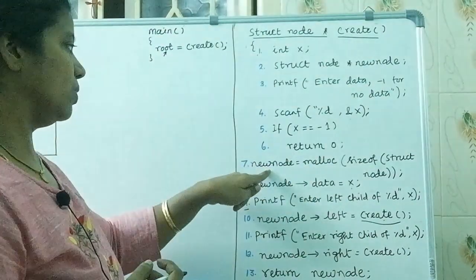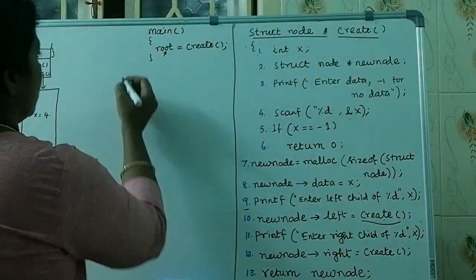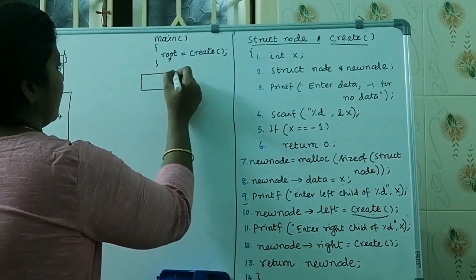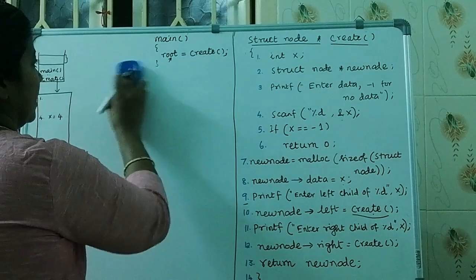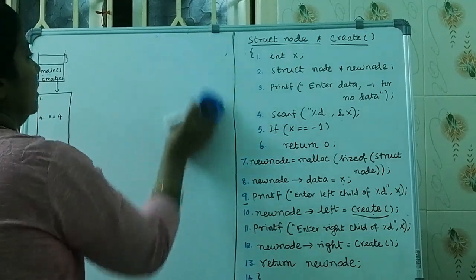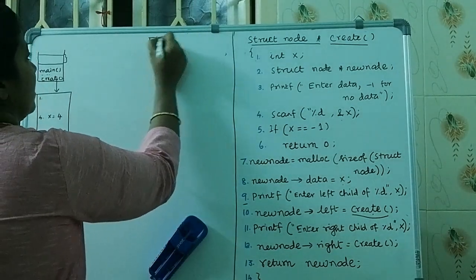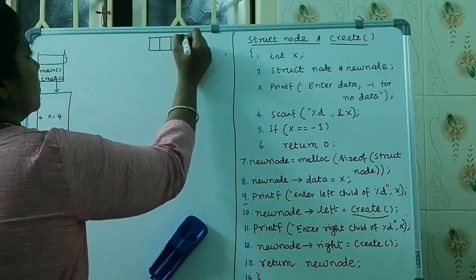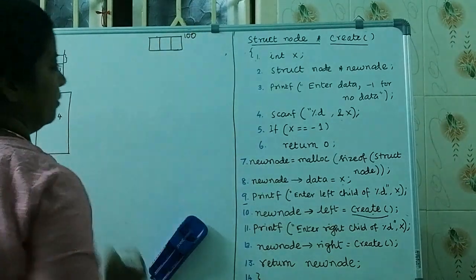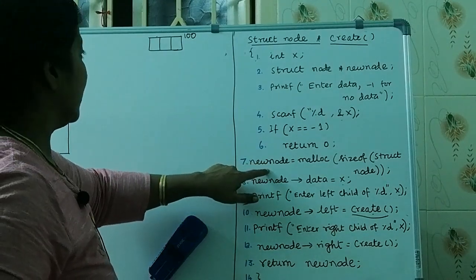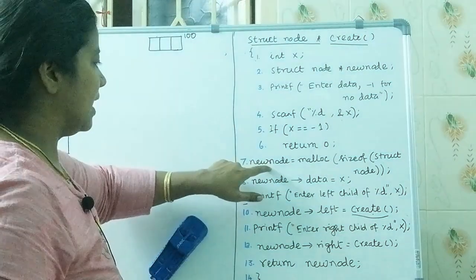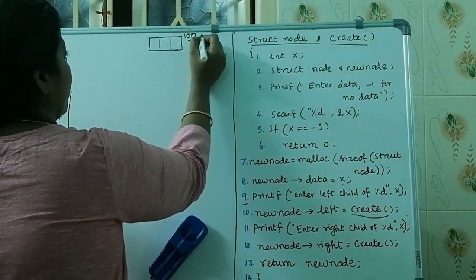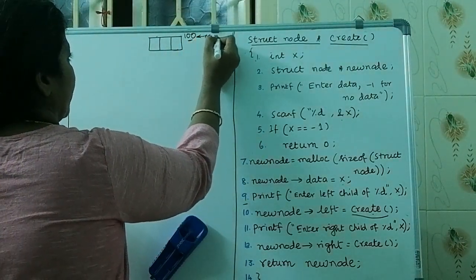That address is stored in new node. Fine. So this will create a new node whose address is, let's say, 100. That has been allocated using the malloc function, and it returns the address, which is nothing but 100, pointed to by new node.